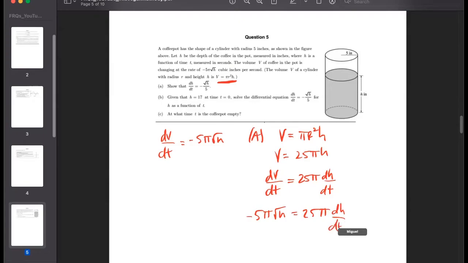And then let's divide both sides by 25 pi. And I get negative root h over 5 is equal to dh/dt. And that's exactly what they wanted us to find in part A. So very simple. They just wanted us to create the equation and identify that the radius never changes. So we are good. We're going to leave it just like that.